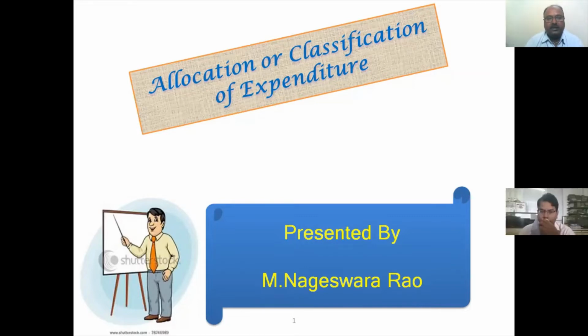We start the allocation or classification of expenditure. It is very, very important for the GRP paper as well as Books and Budget and General Expenditure. All three papers are very, very important. As per the pattern of this examination, except bookkeeping, this GRP or any other optional paper, 80% is multiple choice and 20% is descriptive type.